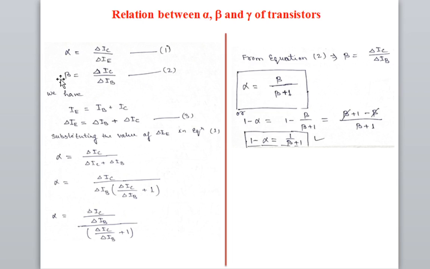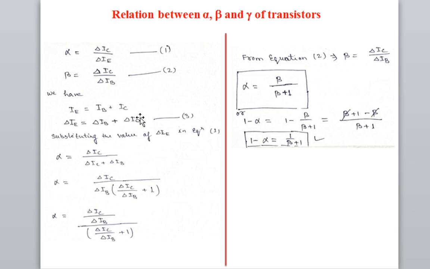If I want to develop a relation between alpha and beta, we know the very basic fundamental equation in a transistor: IE is always equal to base current plus collector current, IE = IB + IC. If you take the derivative, obviously delta IE will be equal to delta IB plus delta IC.